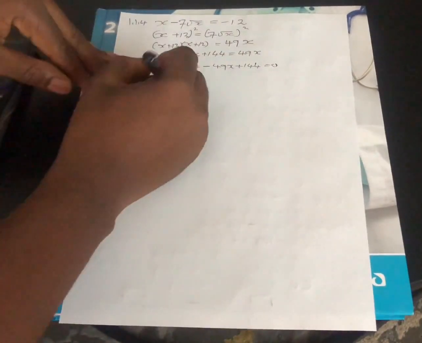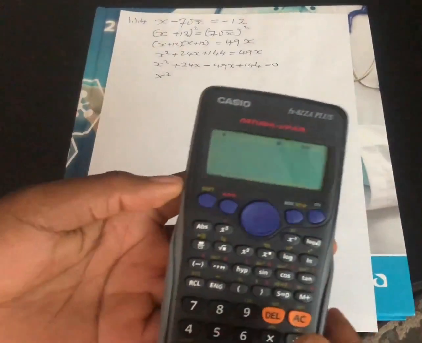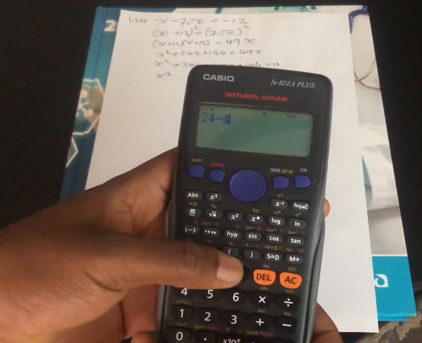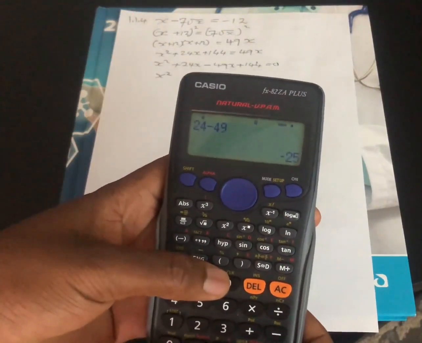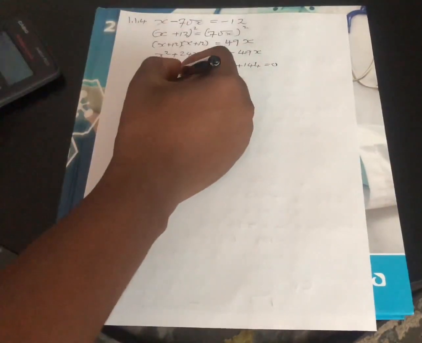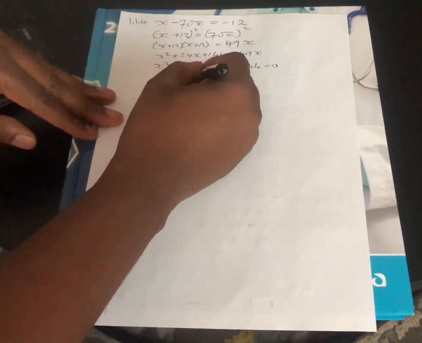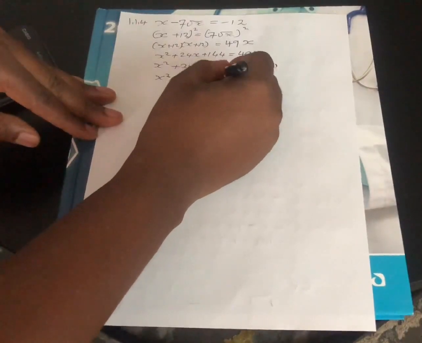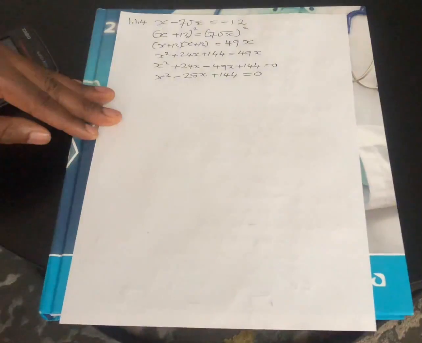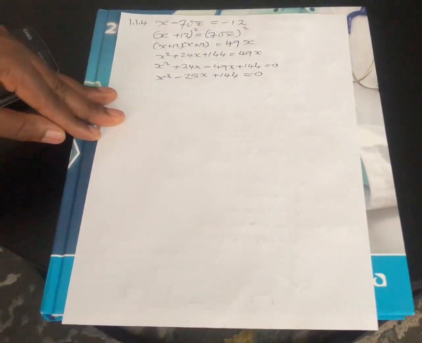The like terms: 24 minus 49 is negative 25x. So x squared minus 25x plus 144 is equal to 0. So this is our standard form.